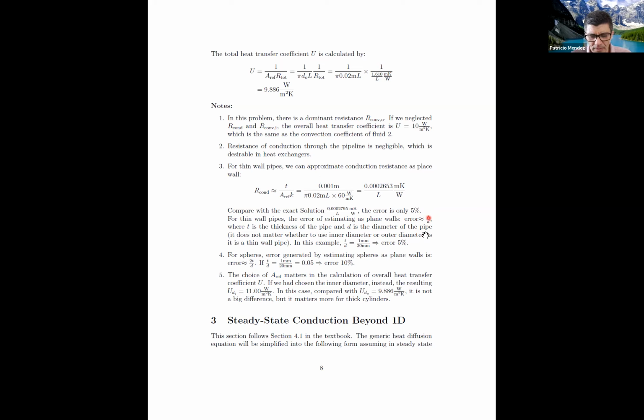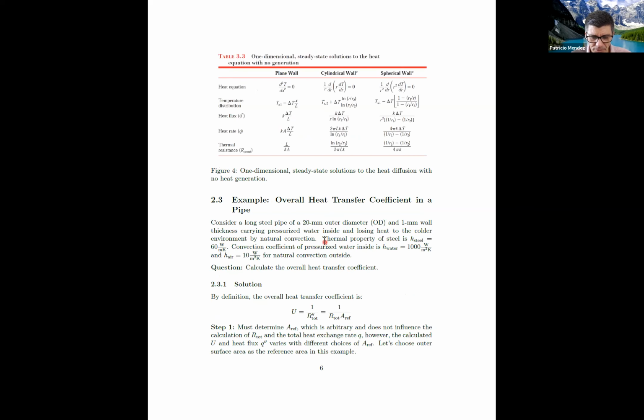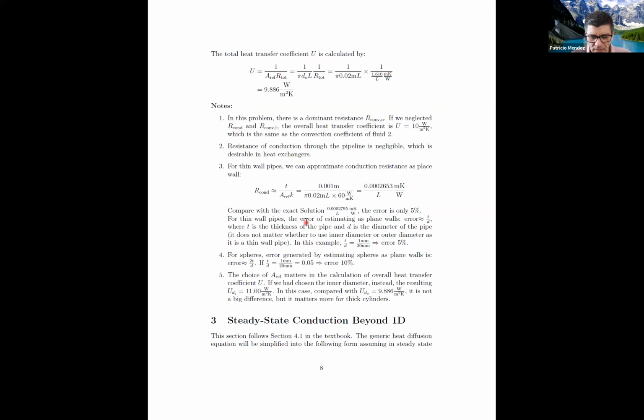So in our case, the thickness was 1 millimeter, and the diameter was 20 millimeters. So the error in this case, if we had done the calculation assuming that the pipe is so thin that it behaves as a wall, there would be an error of 5%.